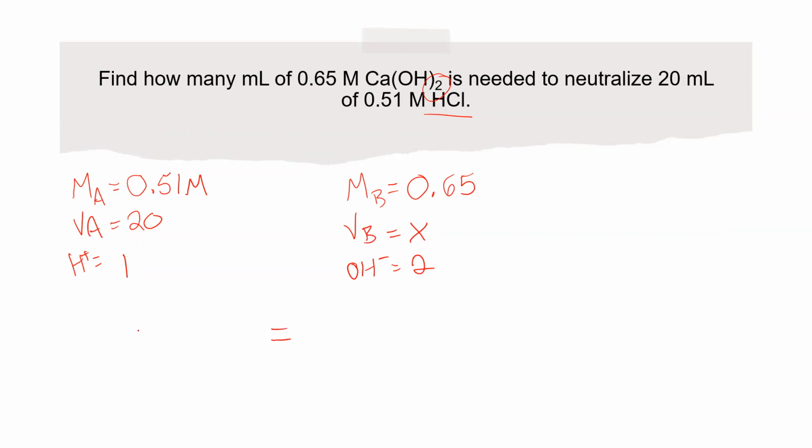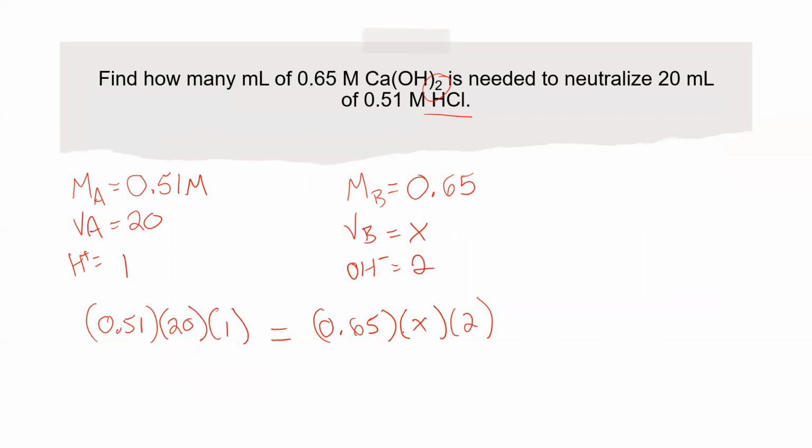So when setting it equal, we're going to have our 0.51 times our 20 times 1 and set that equal to 0.65 times X times 2. And if you recall, in our other problems, we would have doubled the molarity of the base anyway, knowing that it is having those 2 hydroxide ions.